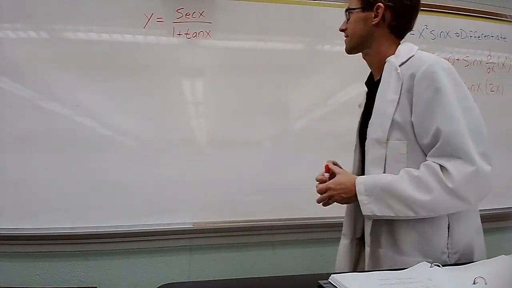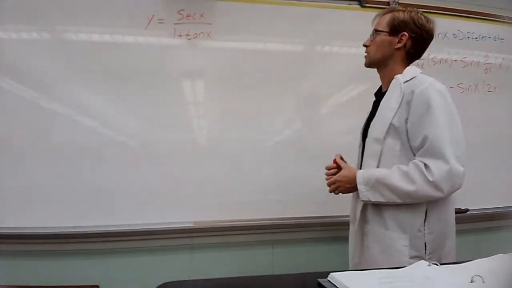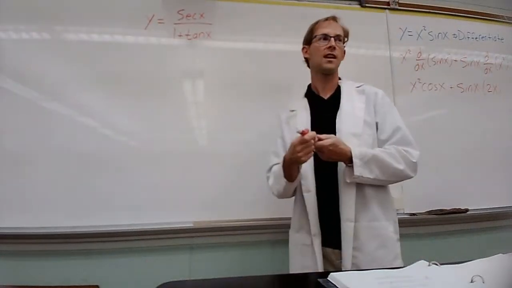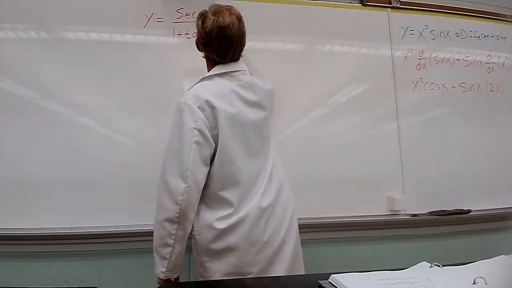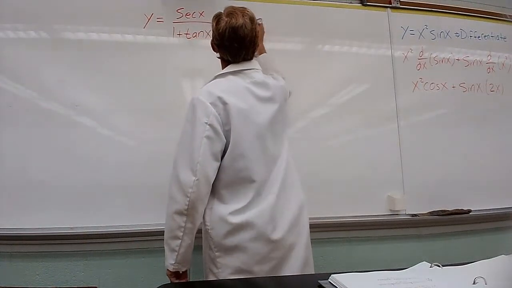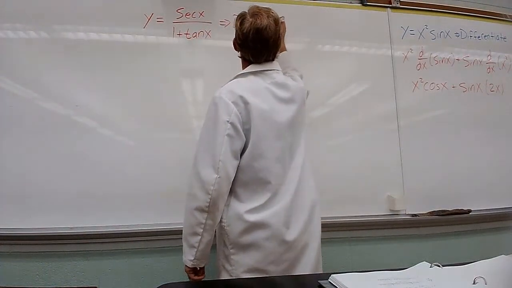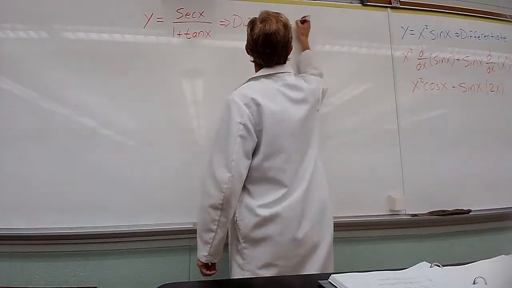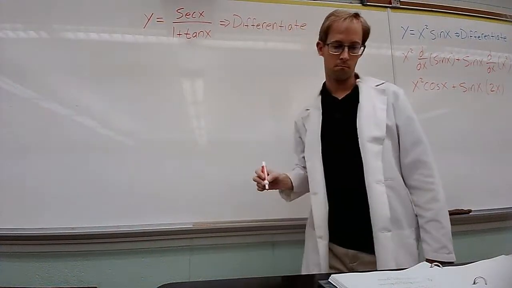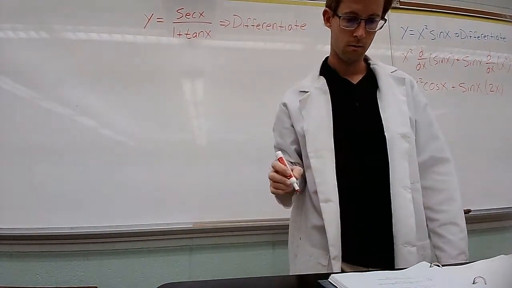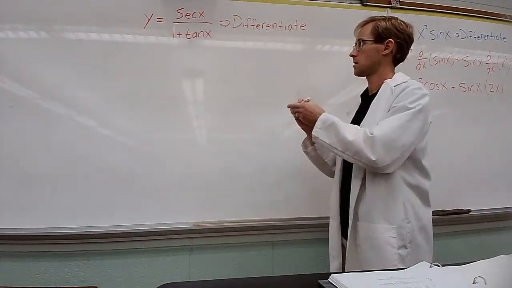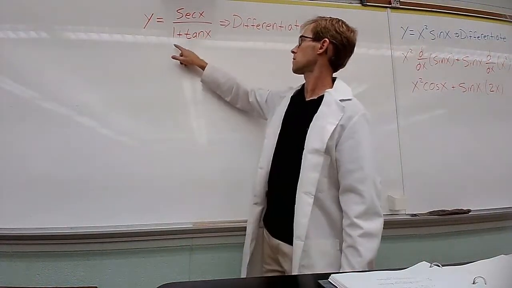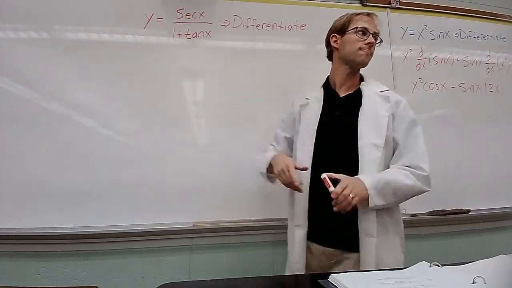Oh, yeah. So go ahead and do this one. Differentiate once again. You can probably guess this is a quotient rule. When you take the derivative of the bottom, 1 plus tangent x, you'll have to treat these separately, the 1 and the tangent x.